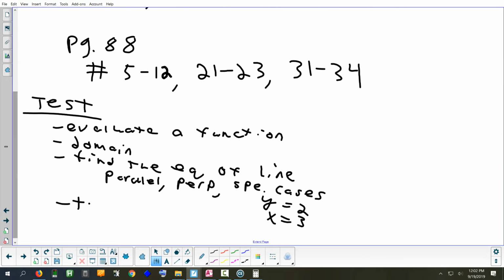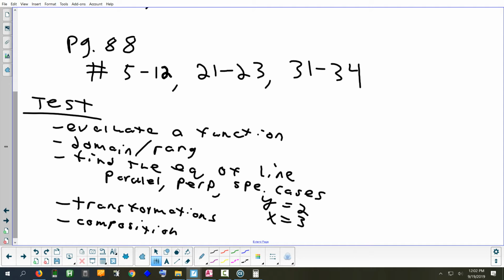Transformations. So we spent a whole day on those. Make sure you know transformations. Composition. That's like f of g of x, plugging something in like that. Domain, I'm also going to add range to that.